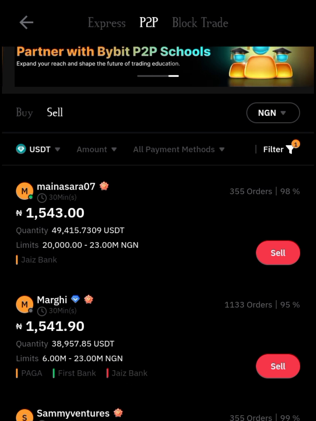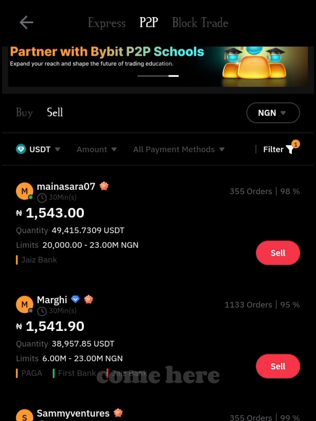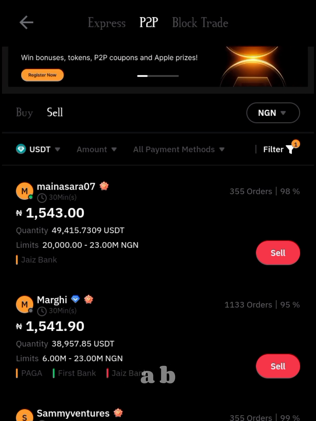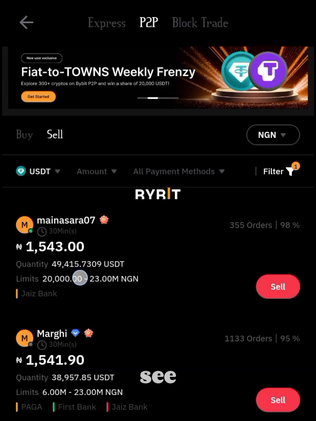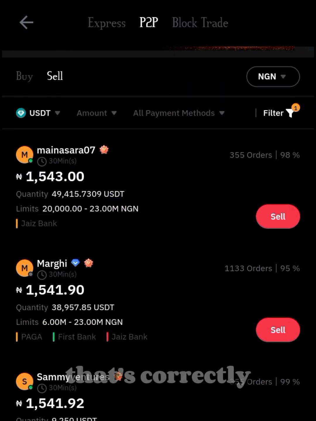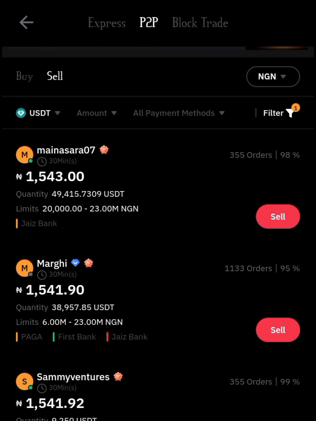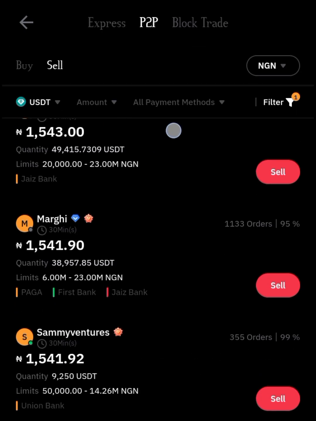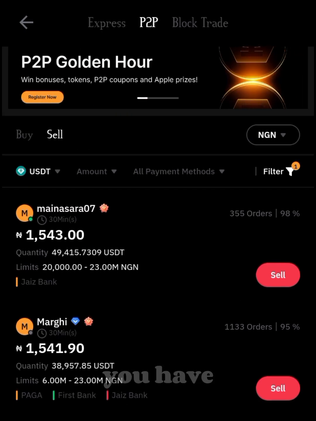Even if you want to just check the rate, you can come here and check it. Simple as ABC. Once you see this rate here, that's currently what it means: $1 is currently at 1,543 Naira.